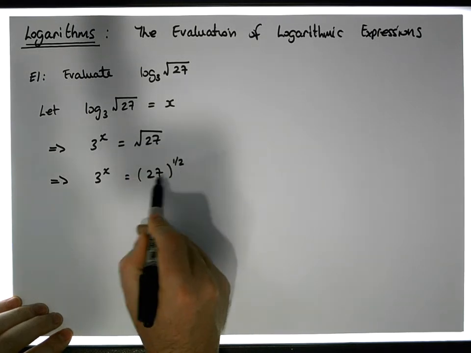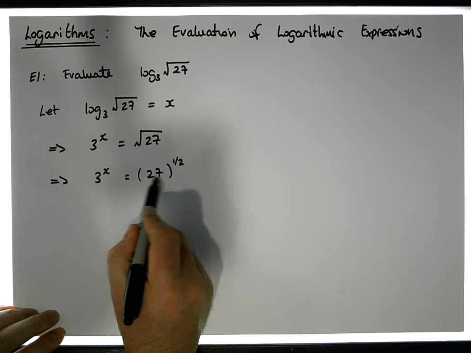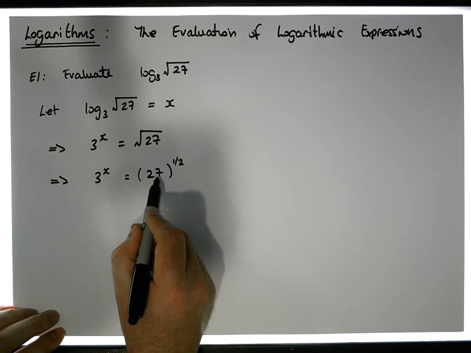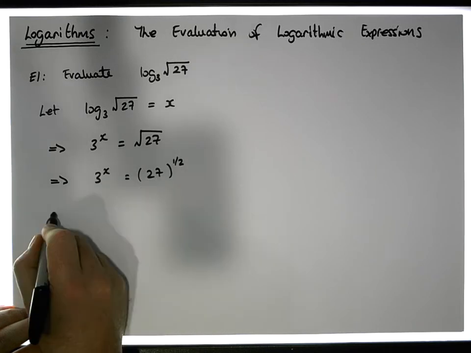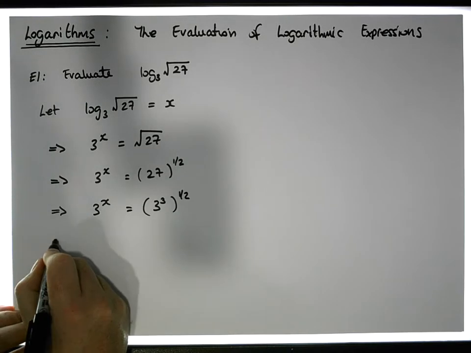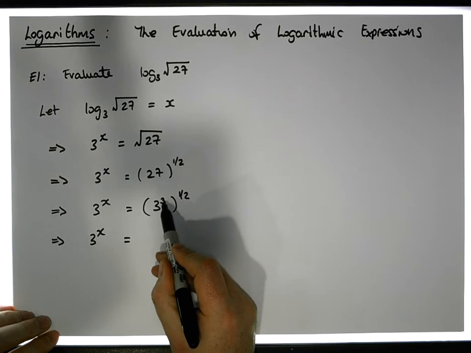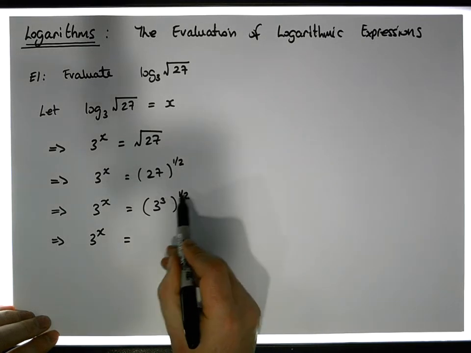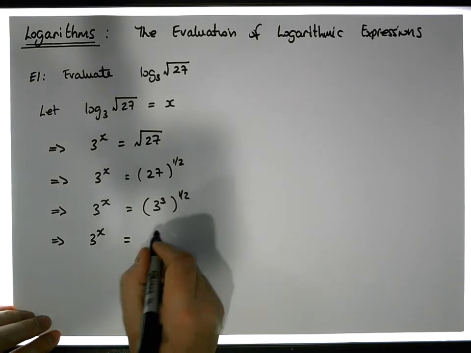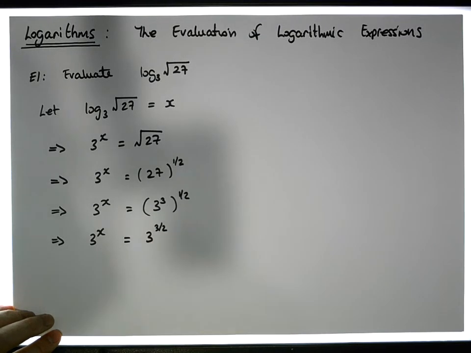Now let's think about 27. 27 can be written in the form of powers of 3. So 3 to the power of x is equal to 3 cubed, which is 27, raised to the power of a half. A power raised to a power is the same as the product of the exponents, so this is 3 raised to the power of 3 times a half, which is 3 halves.